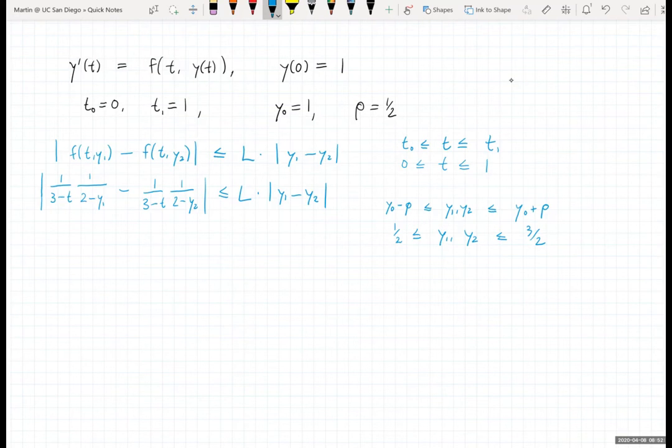So I have this difference here, and I can factor out the absolute value of 1 over 3 minus t.